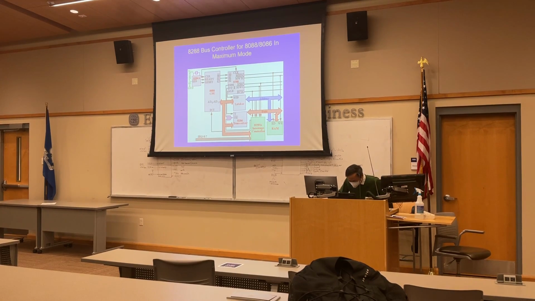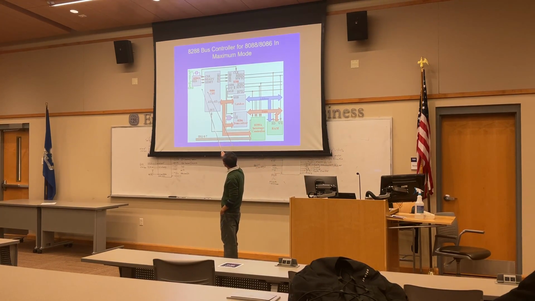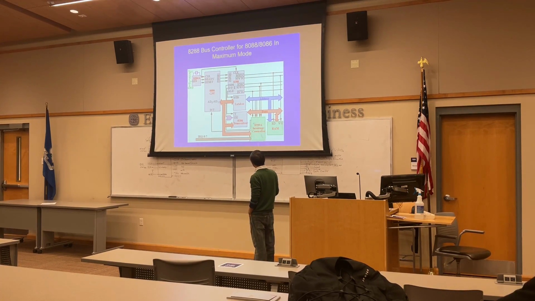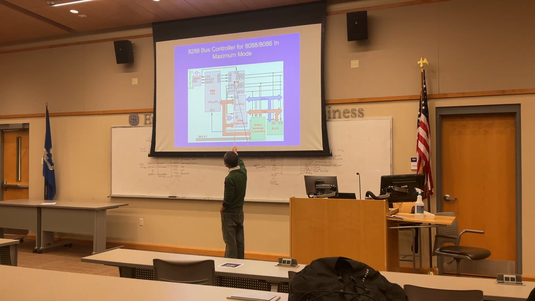Now, this one shows the connection, right? The 8086 with the 8288 bus controller. Where's the president? The 8086 microprocessor. And this is the memory I/O interface, right? And where's the general? The 8288 controller.